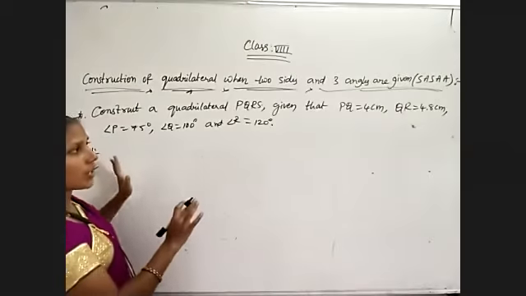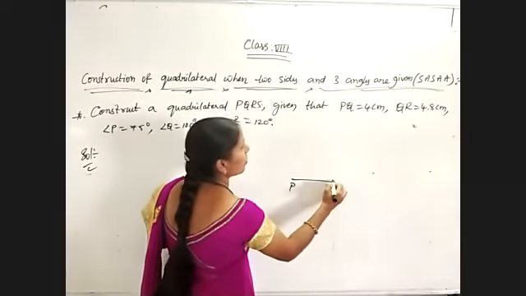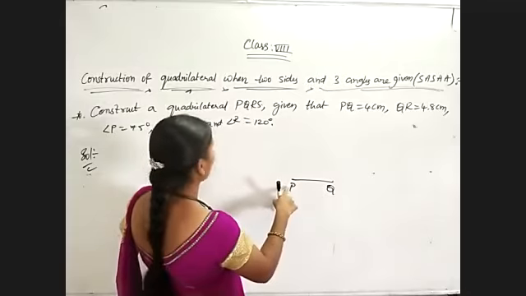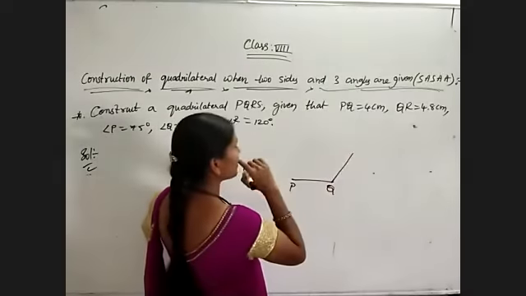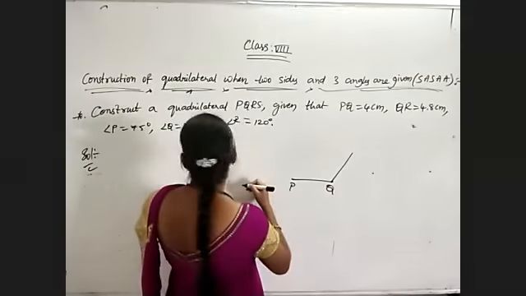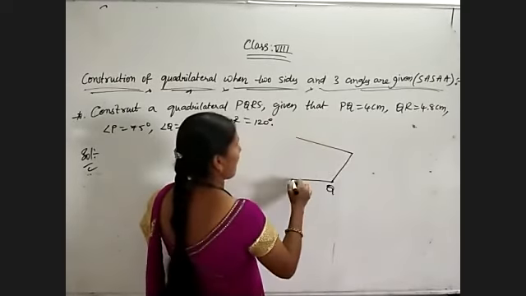So now I am drawing PQ, and angle Q is 100 degrees. 100 degrees means an obtuse angle. So like this I will get PQR also an obtuse angle.